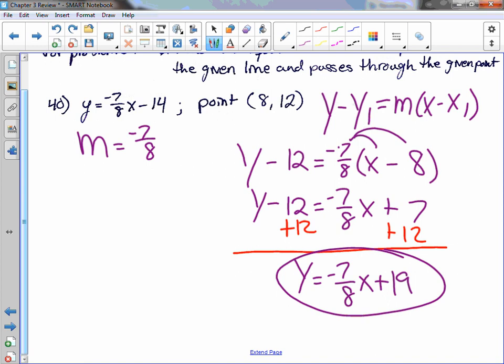Some of y'all still have the assignment with graphing the lines. Some of you haven't started that one yet. 3.5, that assignment. When it asks you to graph these lines, you have to graph the original one and the one that is parallel or perpendicular. If I have a point and the slope, we can graph it, yes?